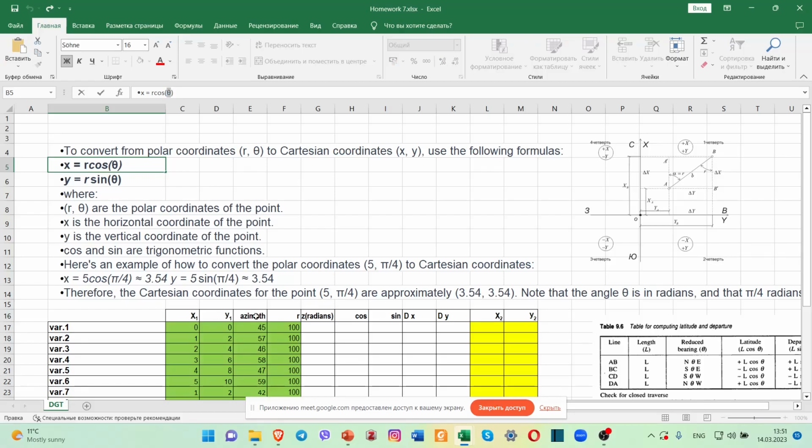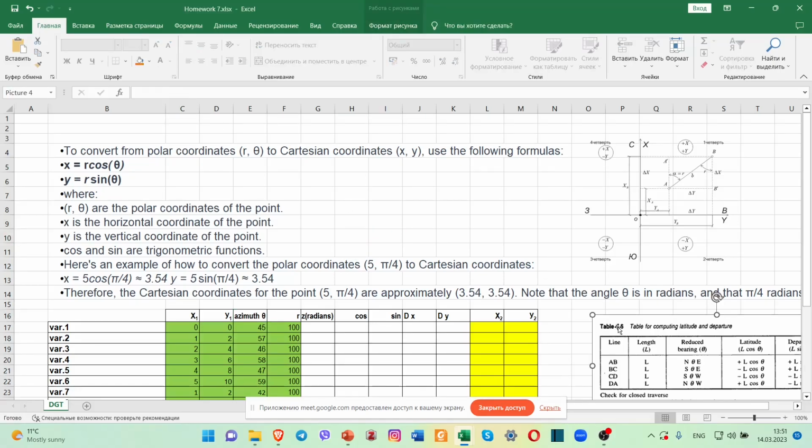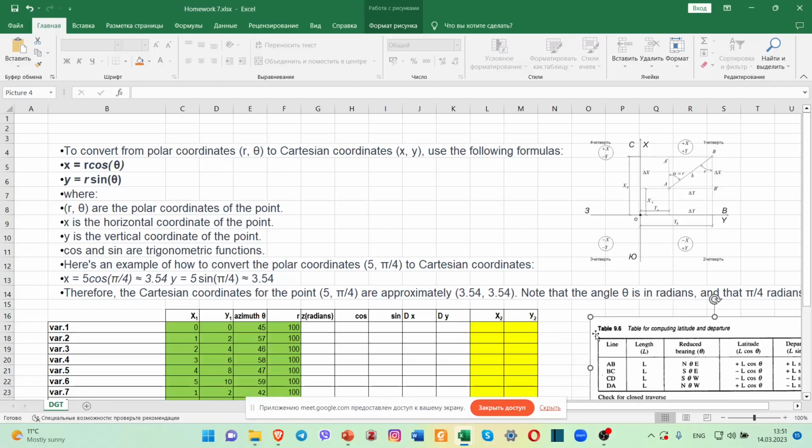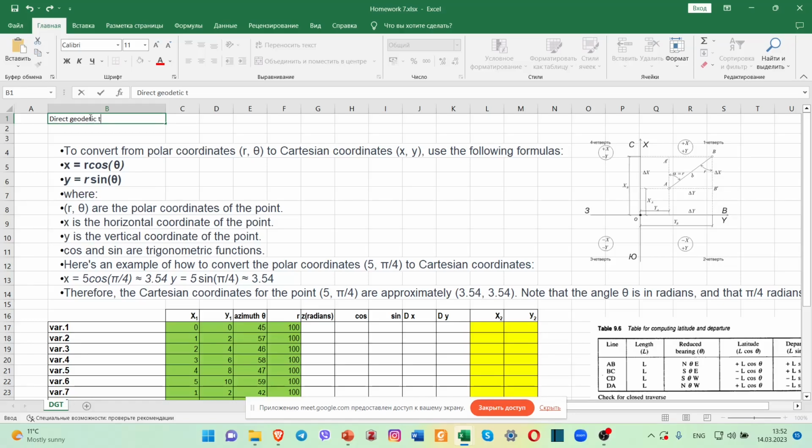In Ukrainian, we use the name for this assignment, direct geodetic assignment, direct geodetic task. I am not sure that we have a similar name for this task in English.